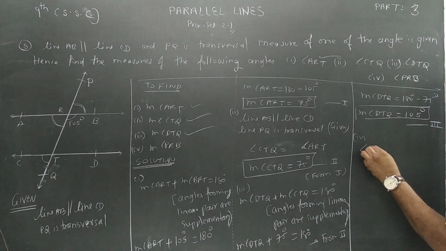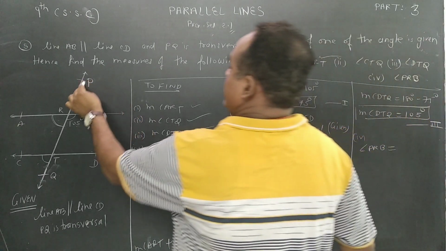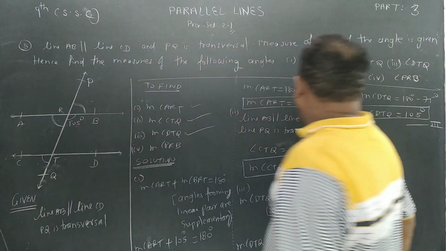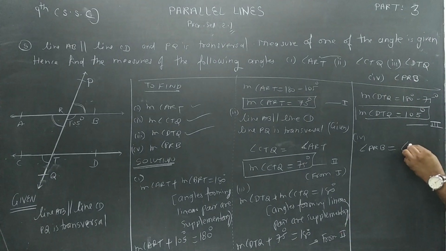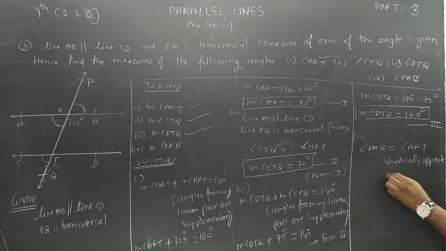Angle PRB is equal to ART. The reason you are going to write: vertically opposite angles are congruent.